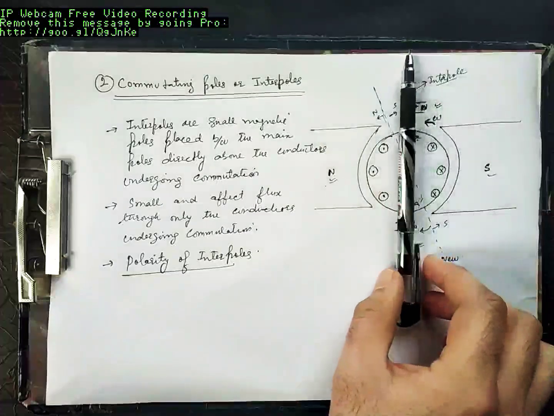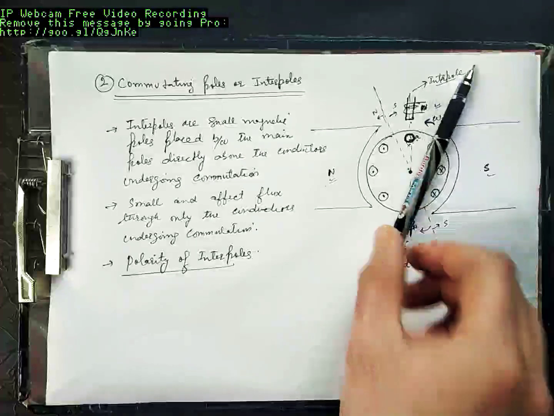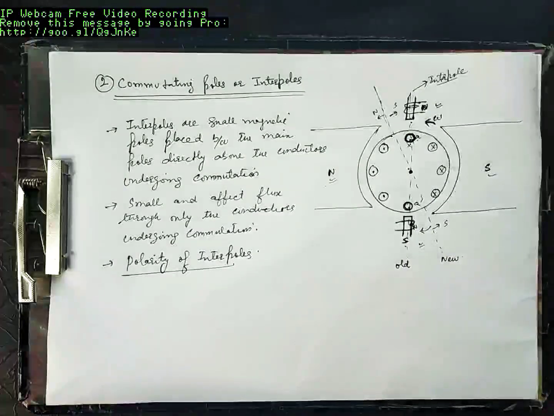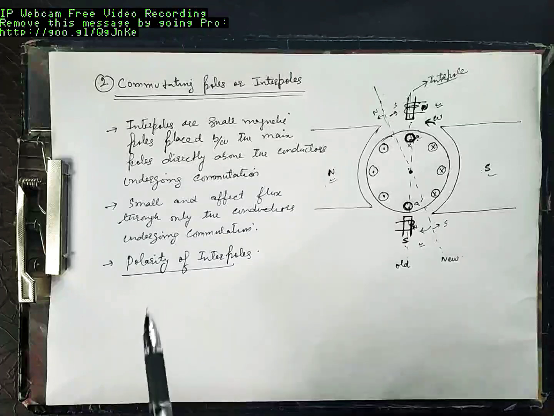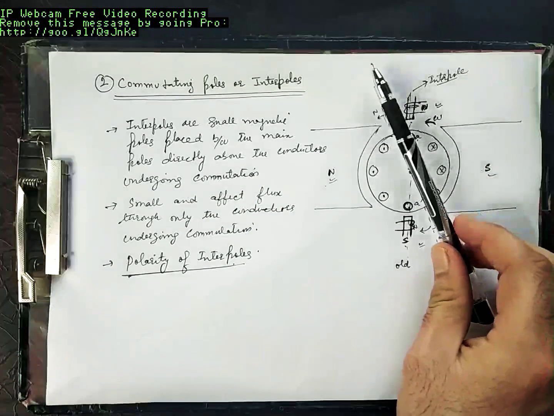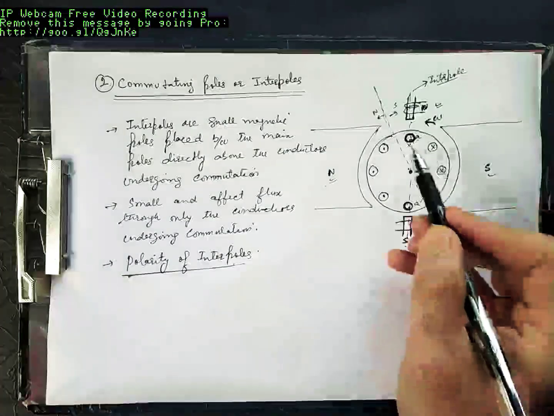And magnetic neutral plane shifts in a direction opposite the direction of rotation for motors. Here we have drawn the case of a generator. Now what should be polarity of these interpoles? Now this is the new magnetic neutral plane, and this conductor is coming under now south pole.